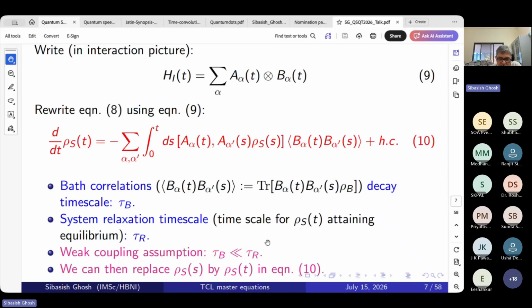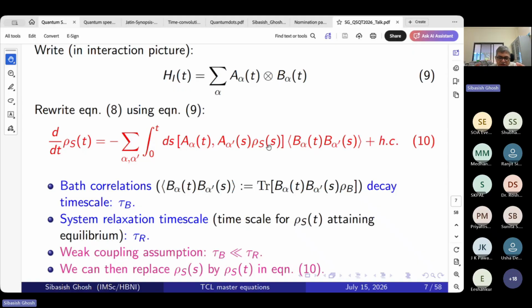You can assume this because the interaction strength is very weak, and as a result, in equation 10 we can replace the system's density matrix at time s by the system density matrix at time t. Because for large time, that means time much greater than tau b, there is no change.